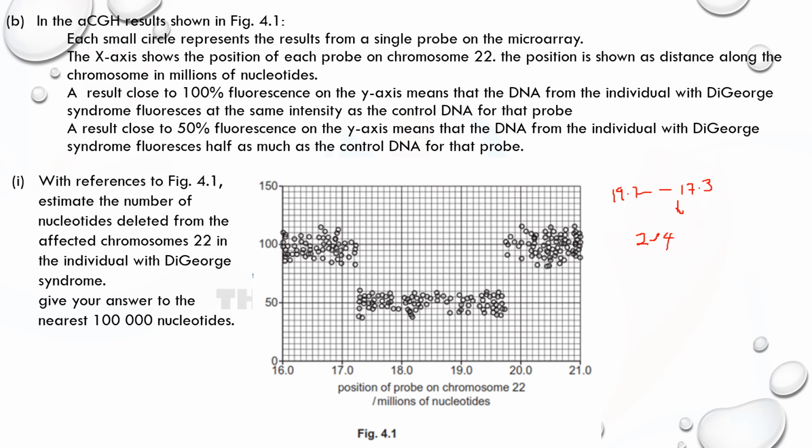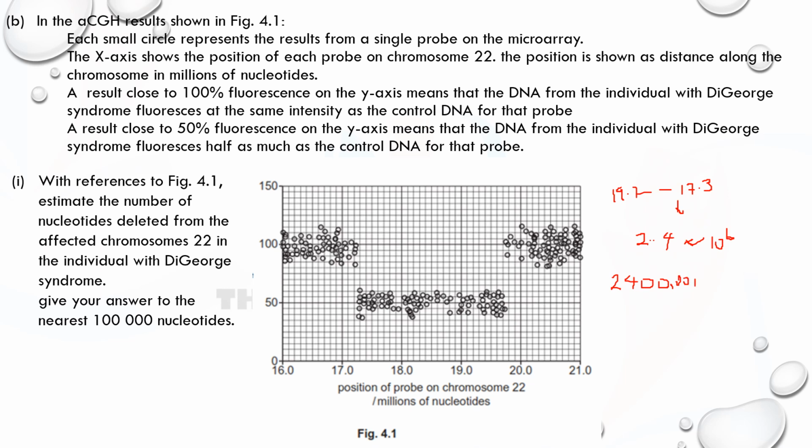Now that 2.4 needs to be converted to millions, so times 1 million, which is 10 raised to power 6. That will give you 2,400,000, because they said we should leave it to the nearest 100,000. So 2 million, 400,000. That's the number of nucleotides deleted.